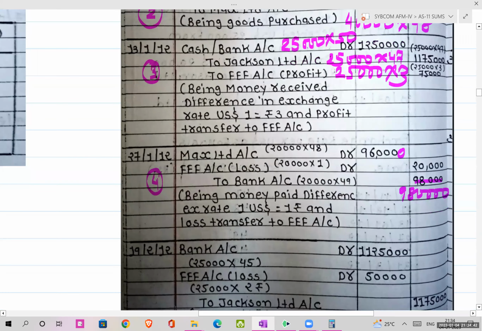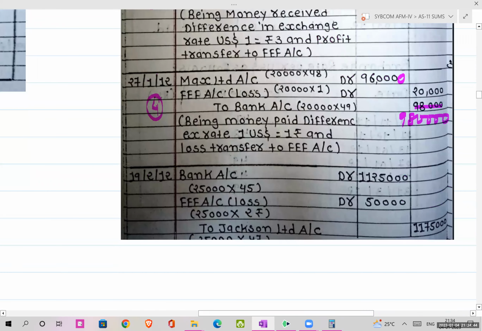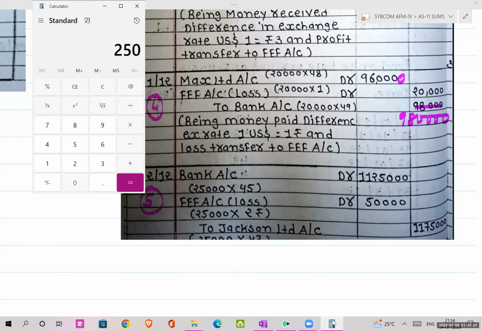Then comes my journal entry number 5. So money received, 25,000 into that day exchange rate was 45.